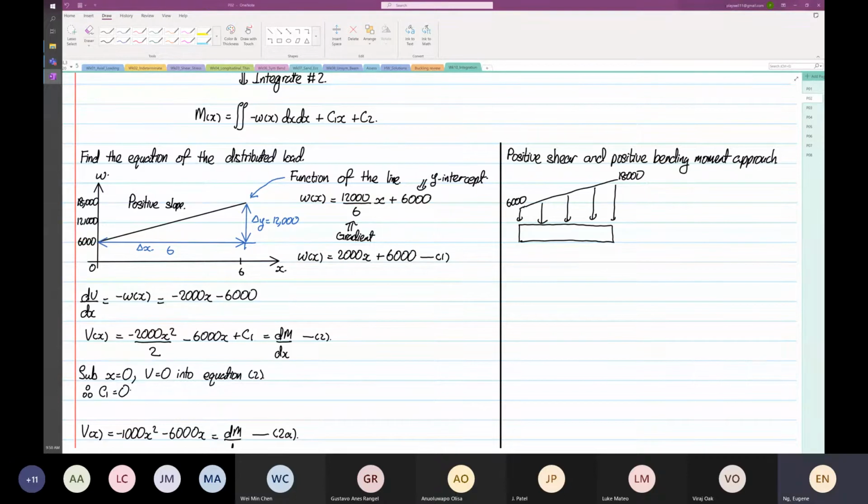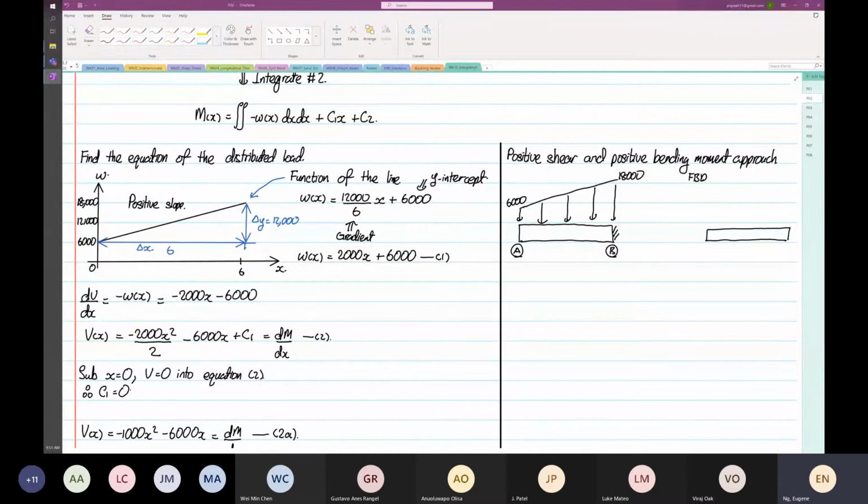So we have a cantilever beam, point A to point B. Now the problem is this. We are going to construct our free body diagram. So this is your free body diagram.